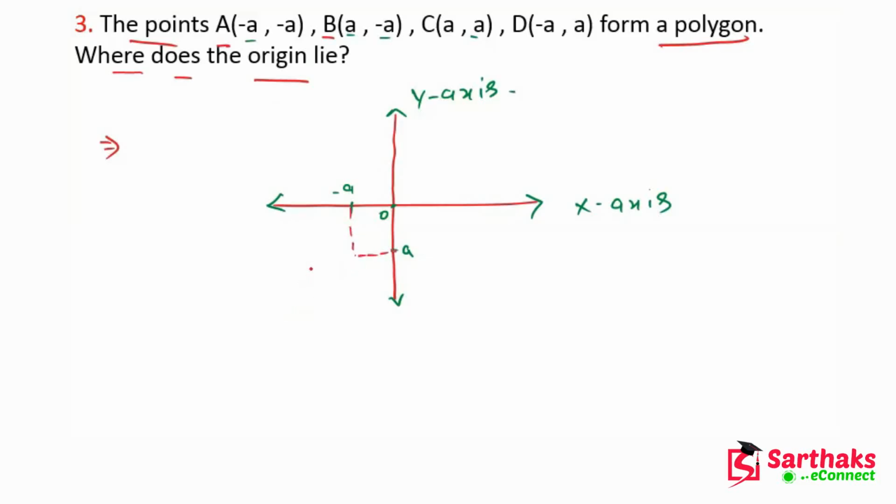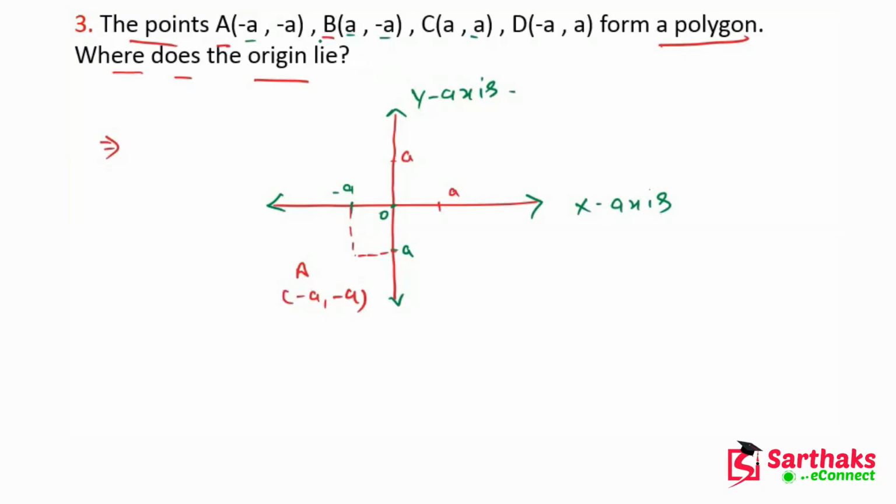So this is point A, which is (-a, -a). Now we have a on the positive x-axis, and let's suppose this is positive a on the positive y-axis. Now we have to plot point B.